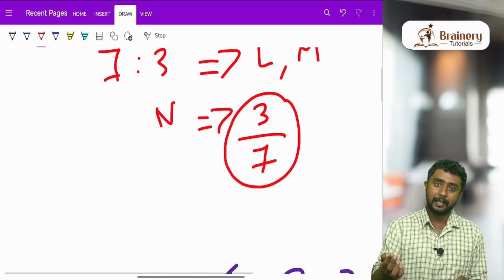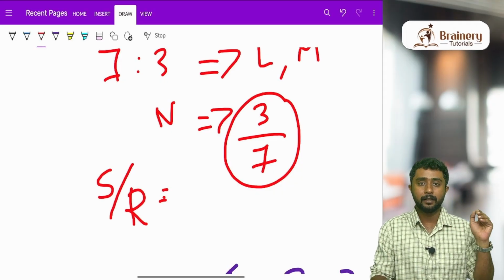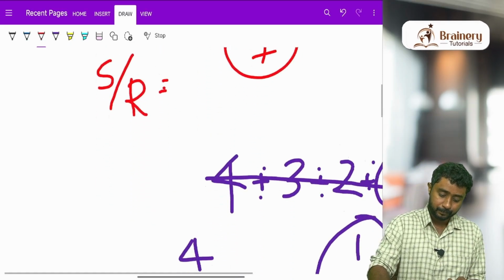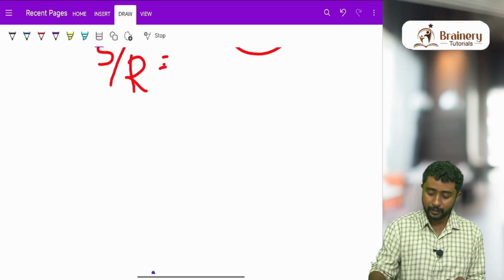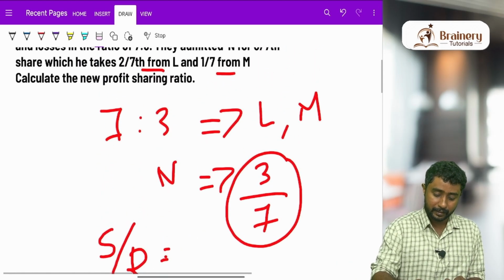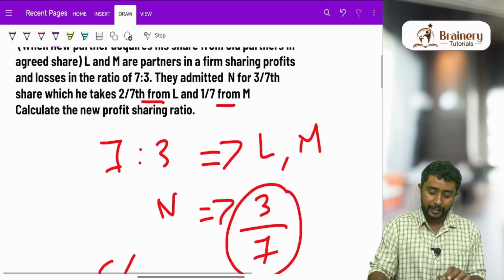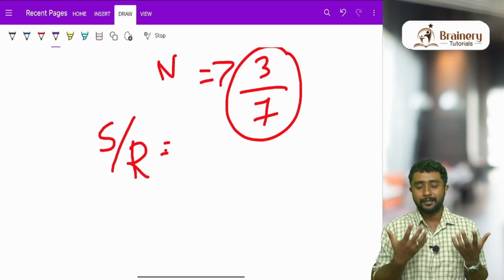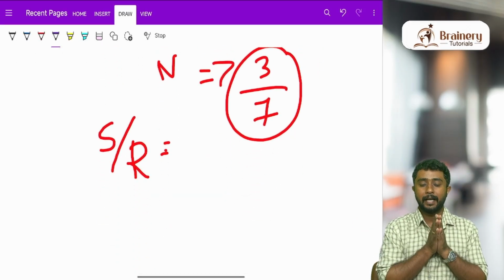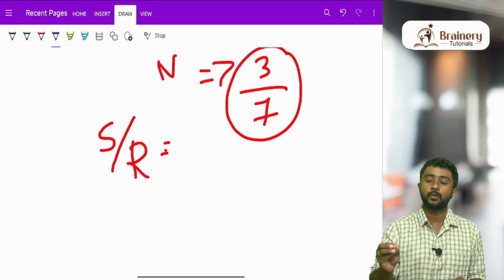Now, what is the sacrificing ratio here? For that we need to find out how much each person is sacrificing. They have clearly mentioned it: 2/7 is coming from L and 1/7 is coming from M. Just forget about the ratios and imagine that I am giving 1 share of my profit to you and the next person is giving 2 shares of profit to you.